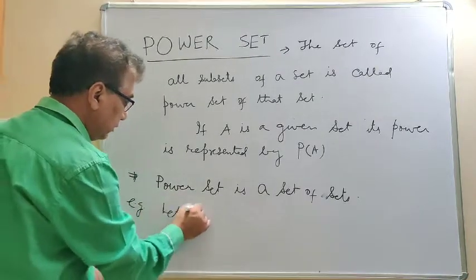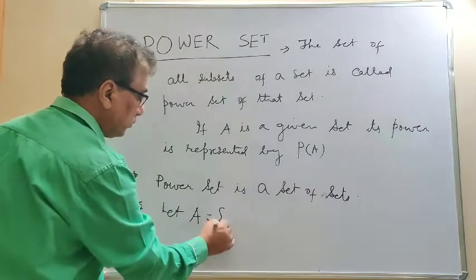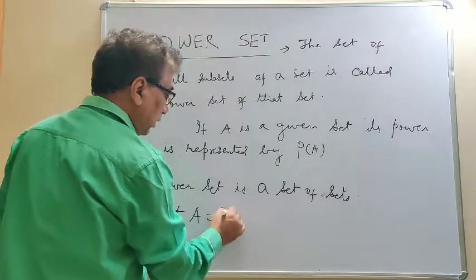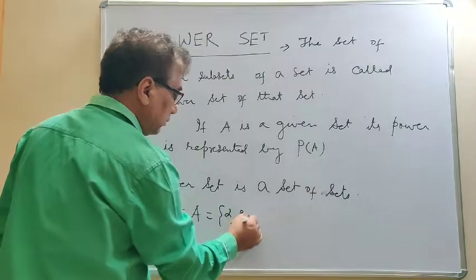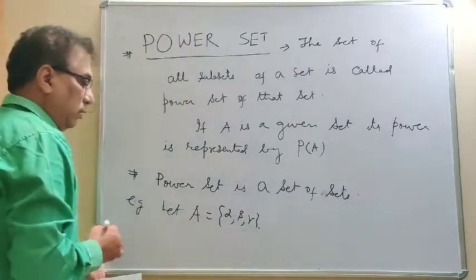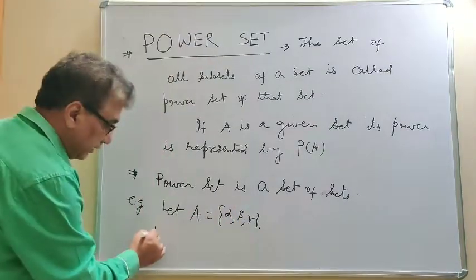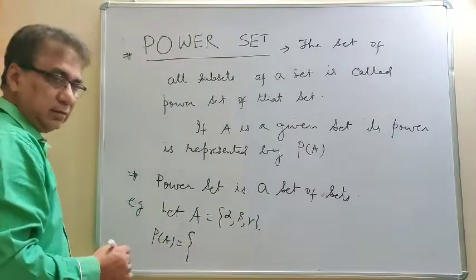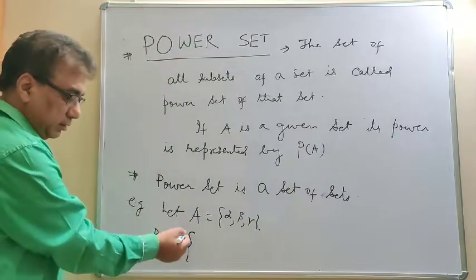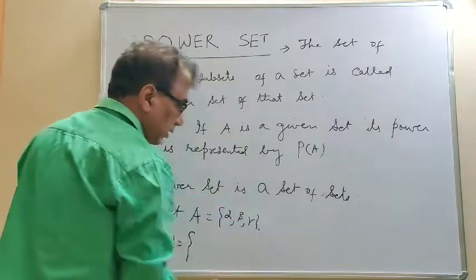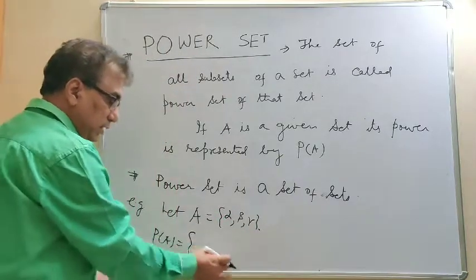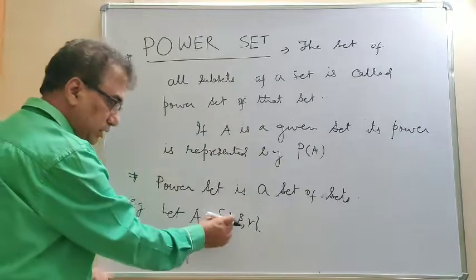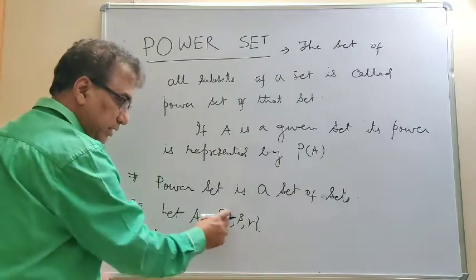Let A be equal to {alpha, beta, gamma}. Then its power set will be written as a set. As you all know, the elements of a set are written within curly brackets. So in this curly bracket, we have to write all the subsets of this set.